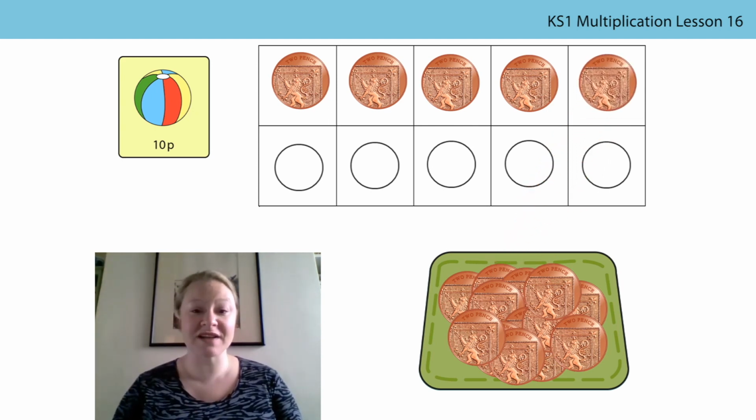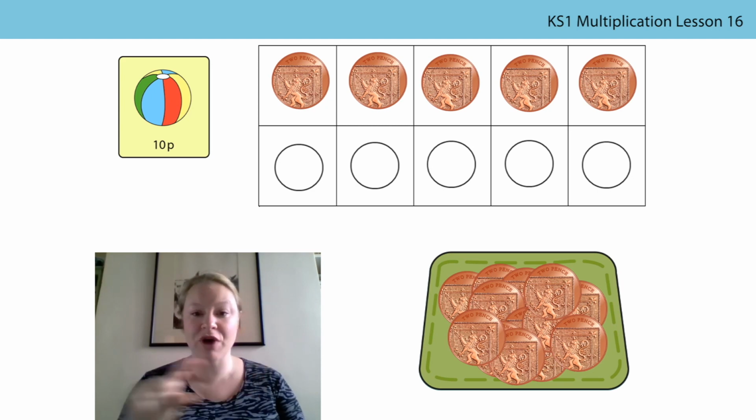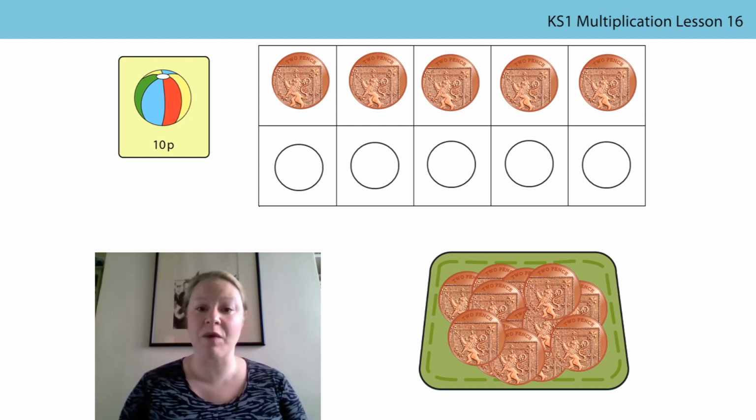And I'm going to stop there because I've got to my 10-pence. How many coins have we used? Well done, we've used 5. That top row of the tens frame is full and we've got 5 2-pence coins which make our 10p. So we can do that, can't we? Because we were looking for coins where we need to use more than one. So we can buy it with 2-pence coins as well.